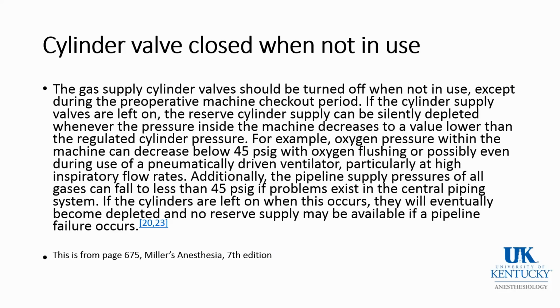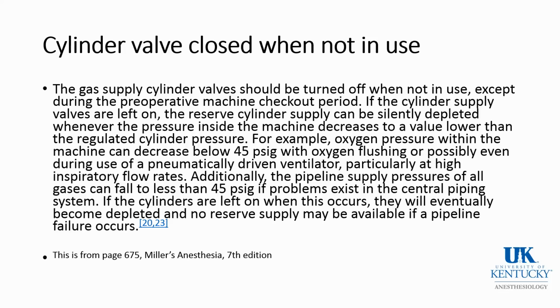Now, an important concept to gain here is that the cylinder valve on the back of the machine must be closed when not in use. And this is a direct copy, cut and paste from the 7th edition of Miller's textbook, and it very clearly explains that the gas supply cylinder should be turned off when not in use, except during the preoperative machine checkout.